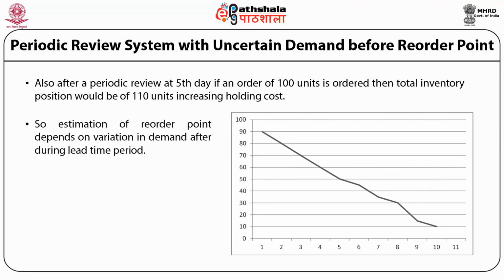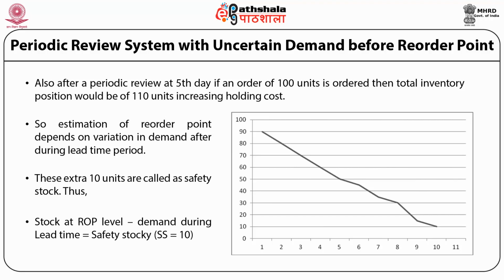So, estimation of the reorder point depends upon variation in demand during the lead time period. These extra 10 units are called safety stock. Thus, stock at ROP level R equal to 50 minus demand during lead time L equal to 40 equals safety stock SS equal to 10.